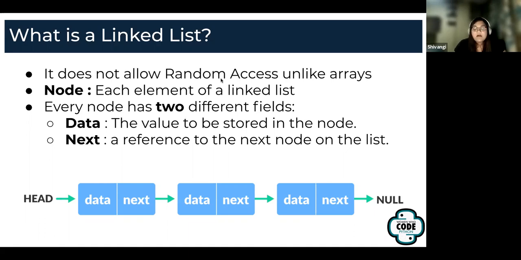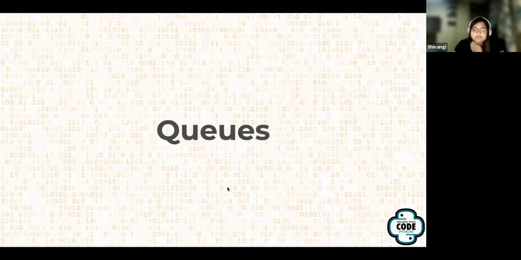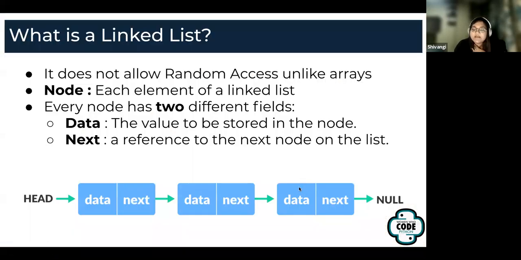Whereas in a linked list, you will have to do something called sequential access. What that essentially means is, if I have to access the second element, I have to start at the head and then keep traversing till I reach the second element. And that's how I'll be able to access the second element.